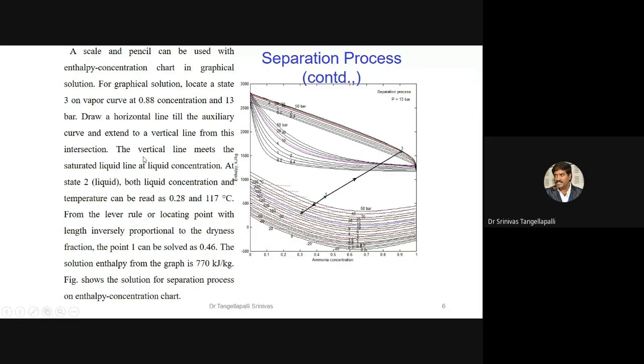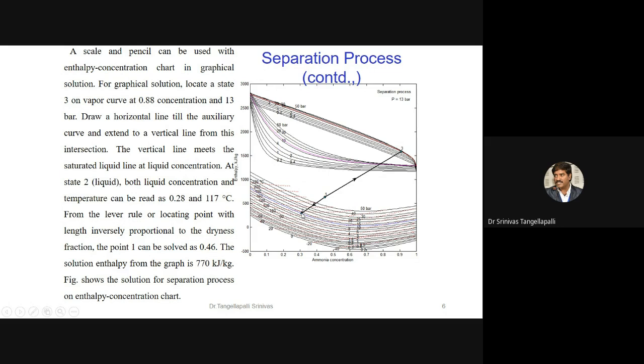After that, the vertical line meets the saturated liquid line, at liquid concentration at state 2. Both liquid concentration and temperature can be read, since you can see the temperature lines here, as I showed in the zoom in earlier slides. You can refer to the temperature curves here.